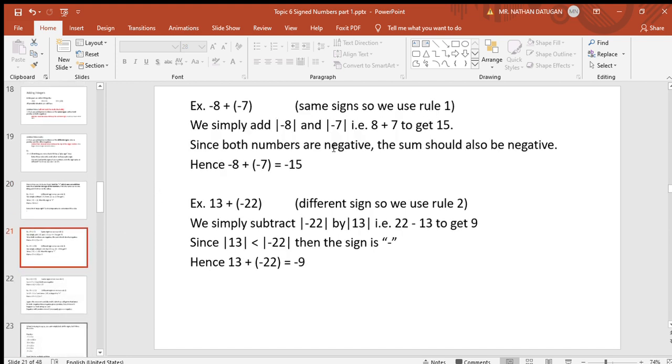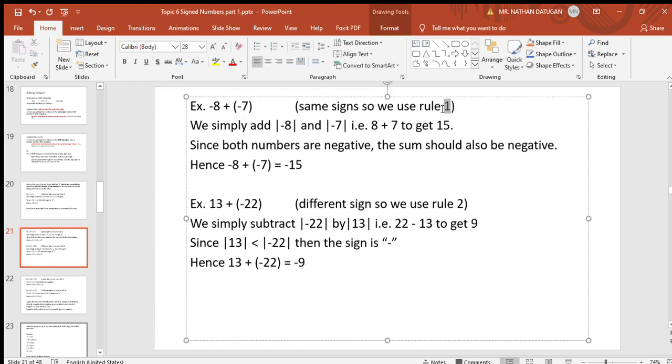Let's have another example. -8 plus -7. Here, it has a plus sign, so we're going to use addition. Now we look at the signs of the numbers. We have -8 and -7, and they do have the same signs, so we're going to use rule 1.